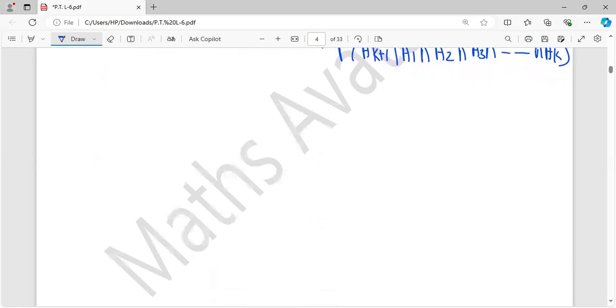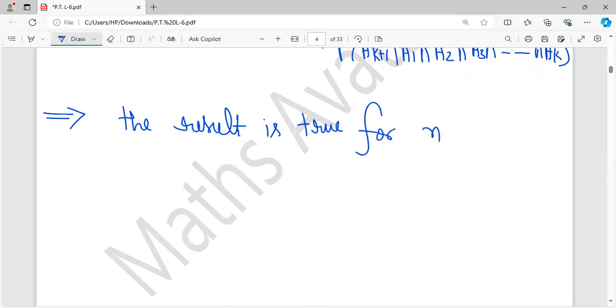So this implies the result, or you can say the formula, is true for n equal to k.